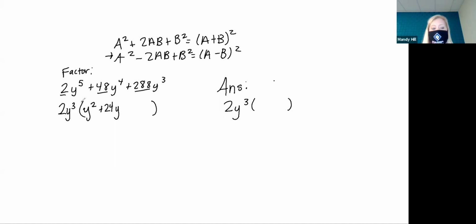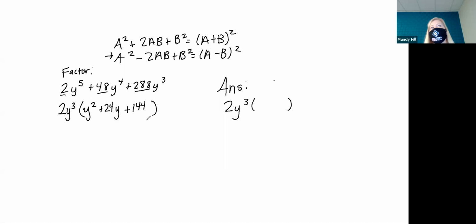And if I take a y to the third out of y to the fourth, I would do 4 minus 3. Well, that's just y to the first, right? 288, if I take a 2 out of that, 288 divided by 2 is 144. And if I take a y to the third out of y to the third, I won't have any y's there, right? Done with that.